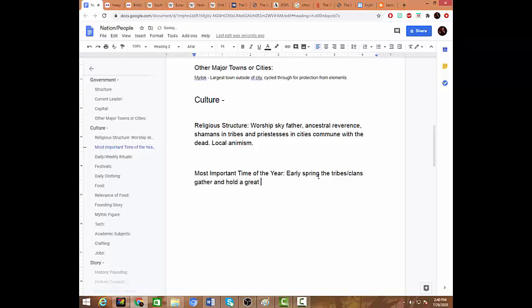A great feast, killing off the oldest sheep from each clan's pasture. Great riding tournament that usually lasts 3 days.